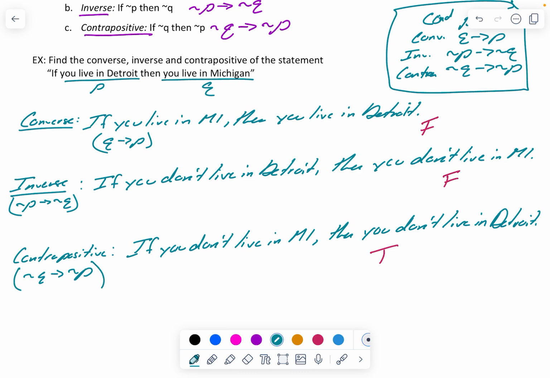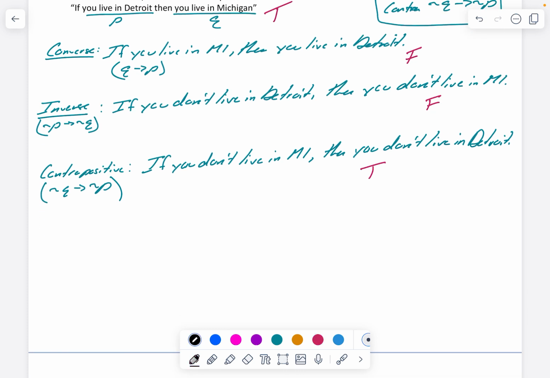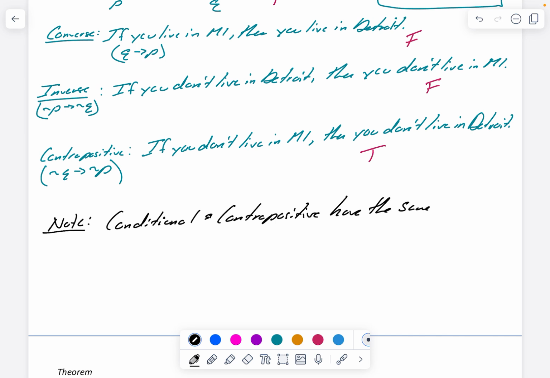So let's take a look at what we have here. Our first one, our conditional, was also true, wasn't it? If you live in Detroit, then you live in Michigan. That's true. So what I want you to note here is that the conditional and contrapositive have the same truth value.